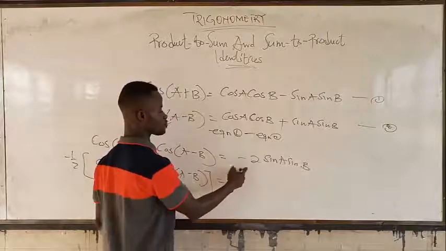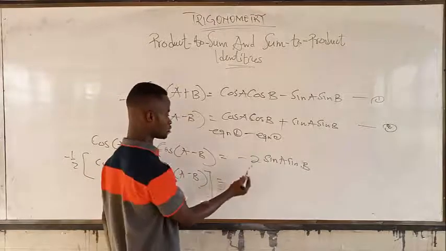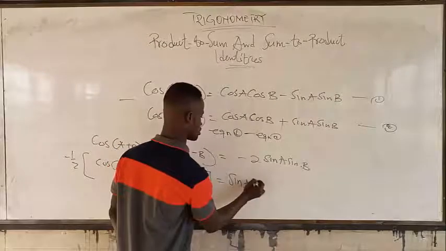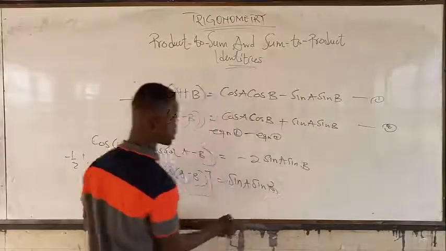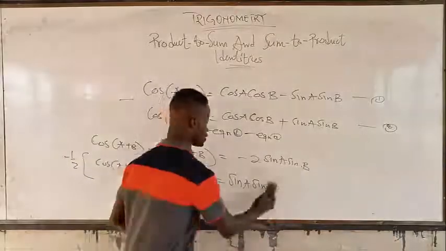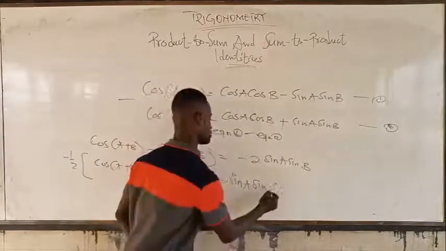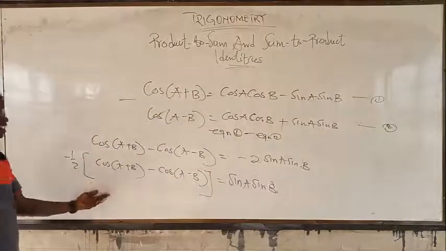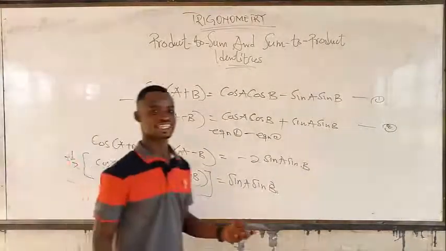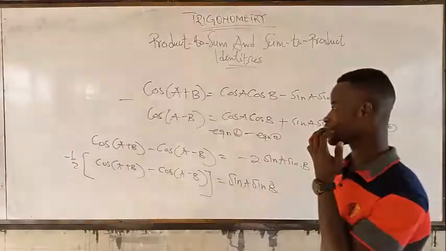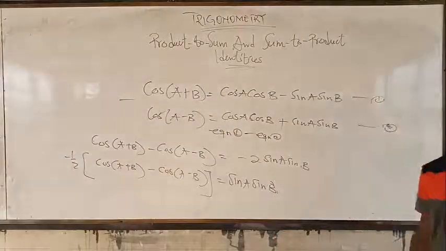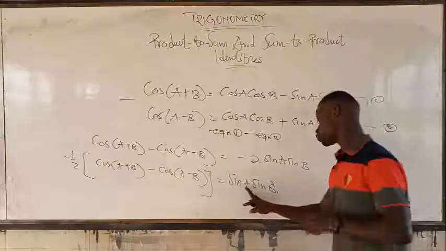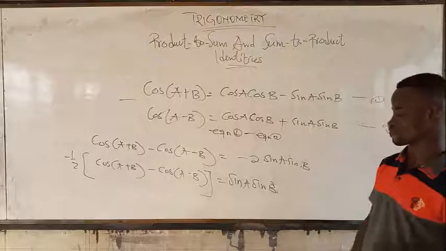to be equal to, the negative half multiplying negative 2, it will go. So here becomes sine A sine B. So this is also going to be the formula for the product of sine A and sine B. That is when you have two different angles of sine.